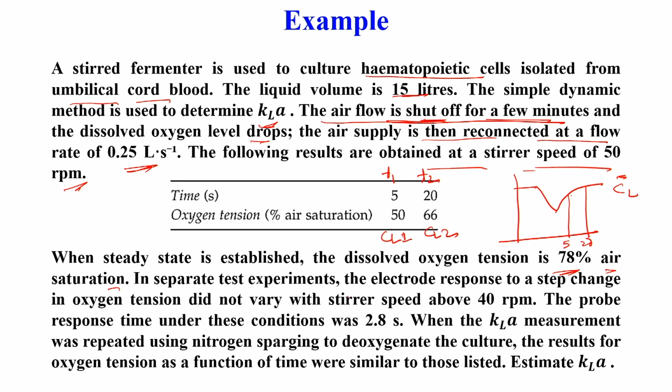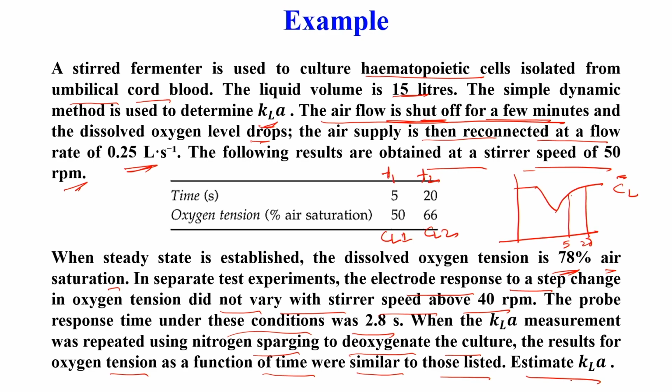Then in a separate experiment, the electrode response to a step change in oxygen tension did not vary with stirrer speed above 40 rpm. The probe response time under this condition was 2.8 seconds, and when the KLa measurement was repeated using nitrogen spurging to deoxygenate the culture, the results for oxygen tension as a function of time were similar to those listed.